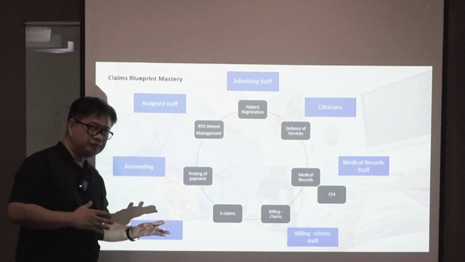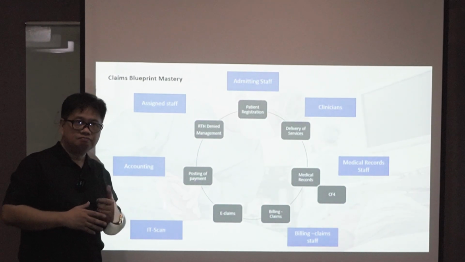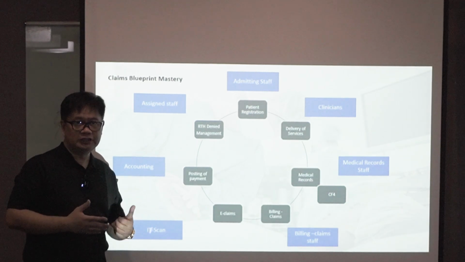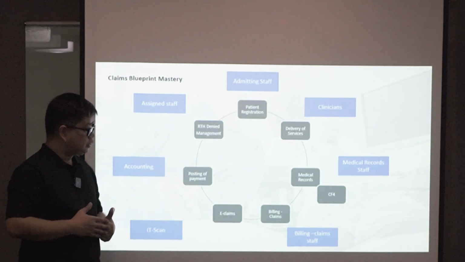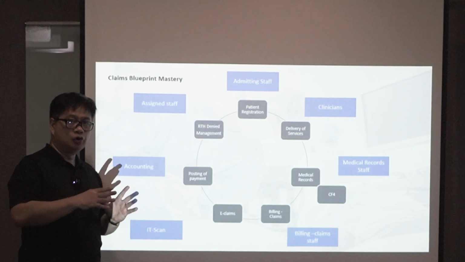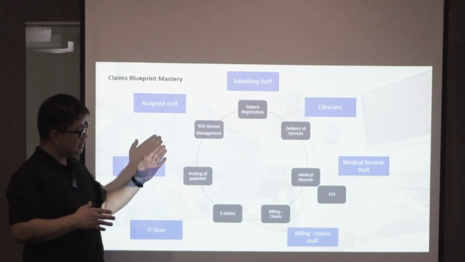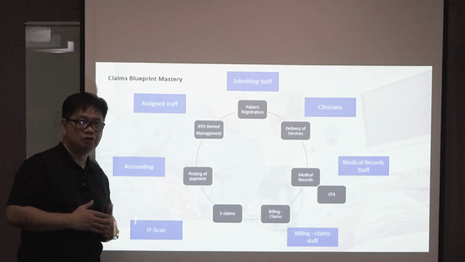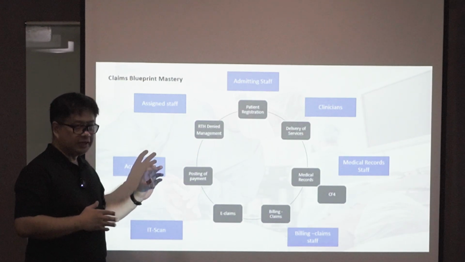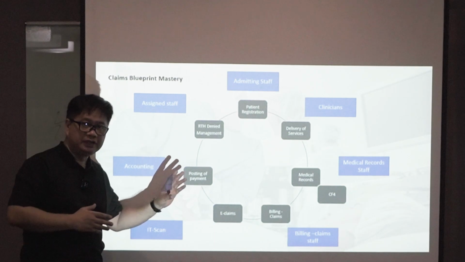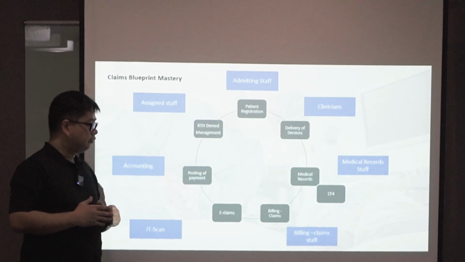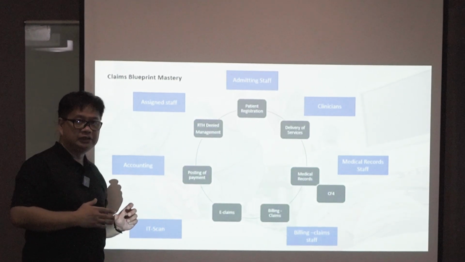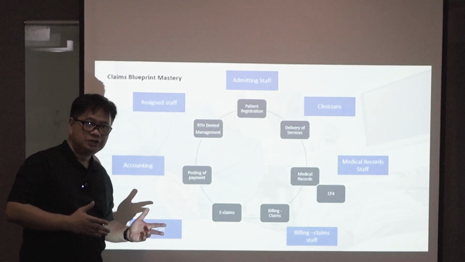So still, the final diagnosis is transcribed or converted into an ICD code. Either way, the goal is from delivery of services, it passes to the medical records, then proceeds to the billing office. In the medical records, of course, you have your medical record staff. For the billing office, definitely you have the billers.